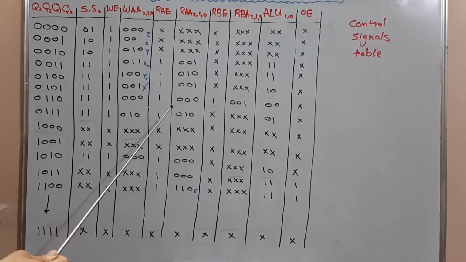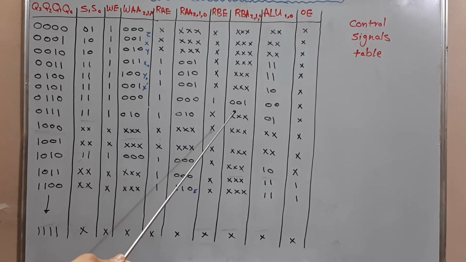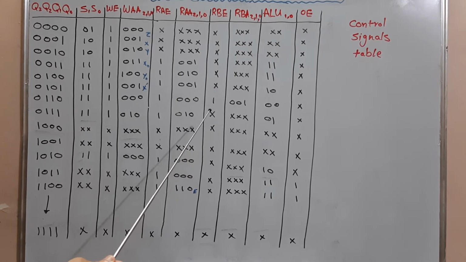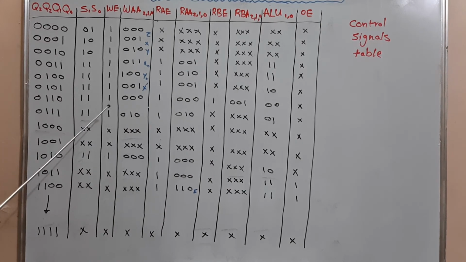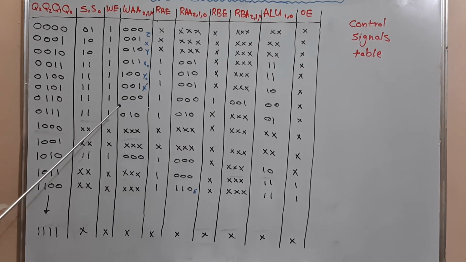Through port A, we will read the location 000, and through port B, the computer system will read the location 001. Multiply those two values by choosing 00 and return the result by choosing 11 of the multiplexer, enable writing, and save the result in the location 000.